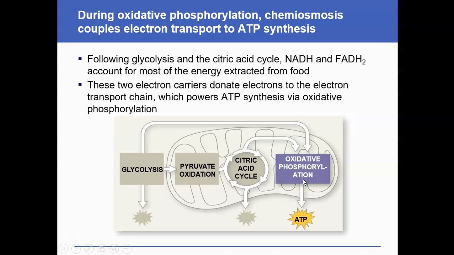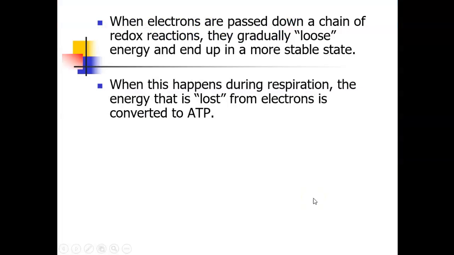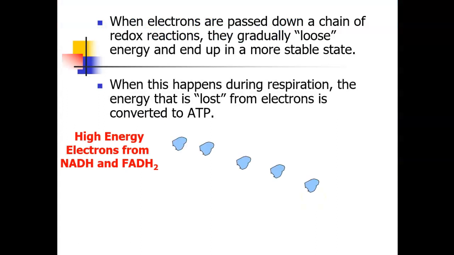Now, this is going to occur within a very specific part of the mitochondria. And this is the final step where we're going to get out most of that energy, where most of that ATP is going to be generated. And how is that ATP generated? That ATP is generated from the energy of those electrons being carried by that NADH and FADH2.